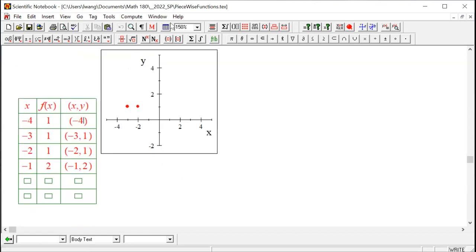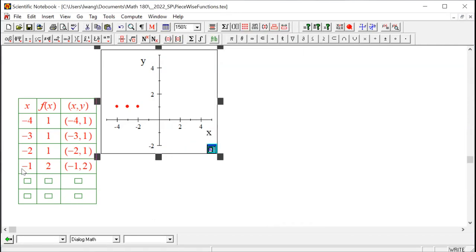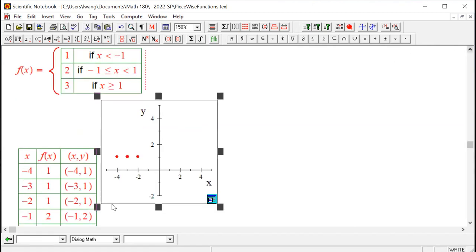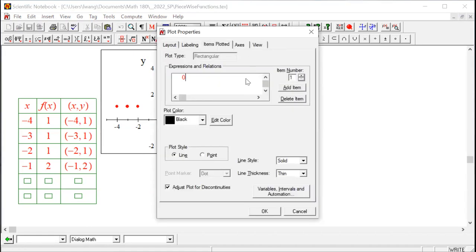So you can see, could I choose fractions, decimals? Of course you can. We can choose those points as well. So we get these points. All right. And then when x equals -1 for that input, the output is 2. So this point is going to be right there.